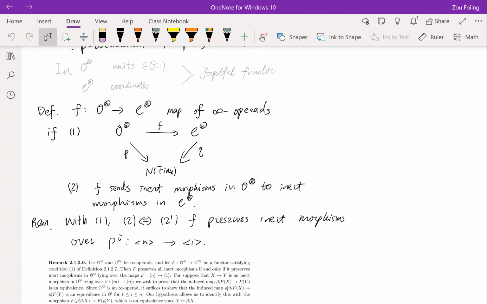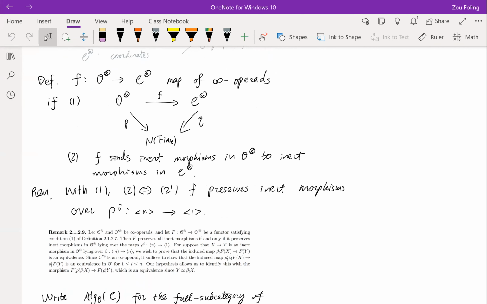If you have a map over the nerve of Fin_* from O⊗ to C⊗, meaning number one commutes here, then F is a map of infinity operads if it satisfies number two, which says that it sends inert morphisms in O⊗ to inert morphisms in C⊗.